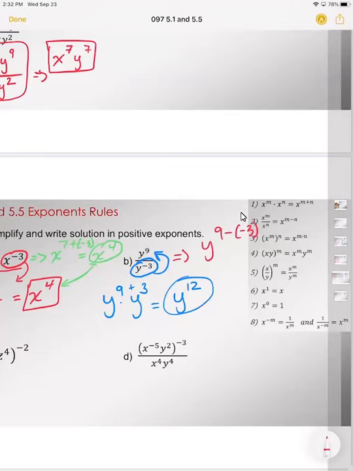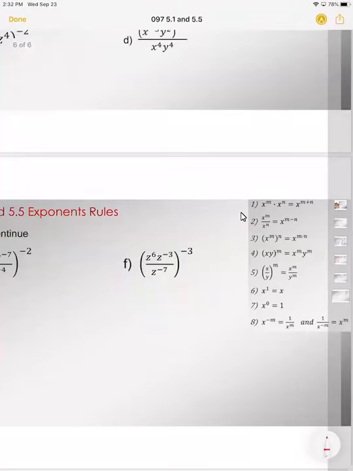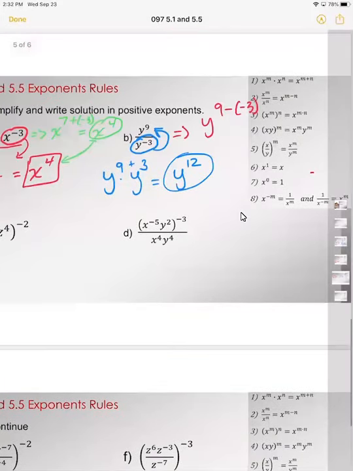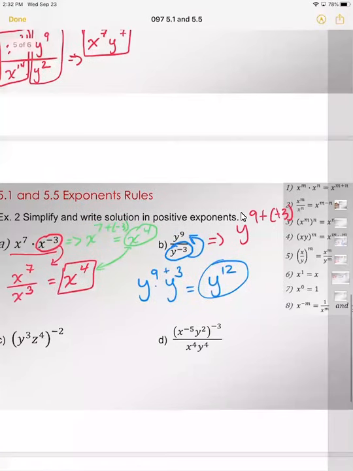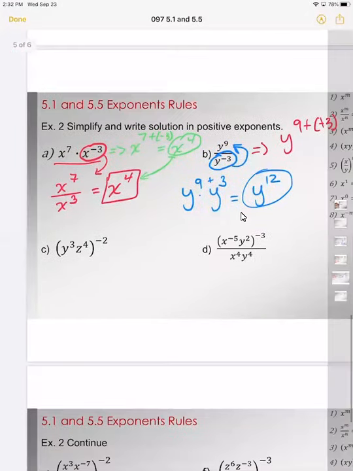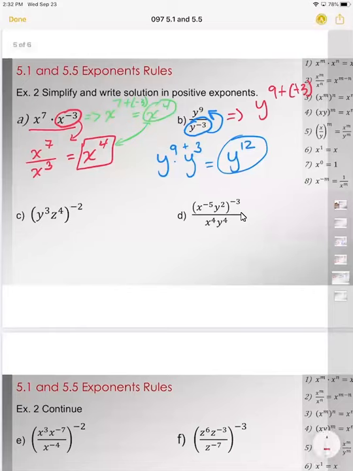And again, what does a negative and a negative do? What does a double negative do? Well, a double negative becomes a positive, which is 9 plus 3, that will still give you 12. So regardless of how you do it, you still get the right answer if you apply the right rule. So let's take a look at C.